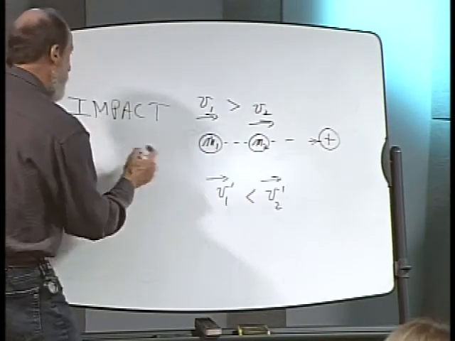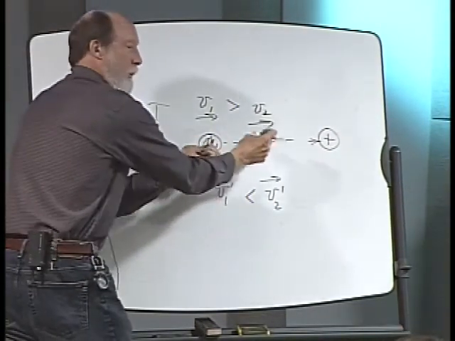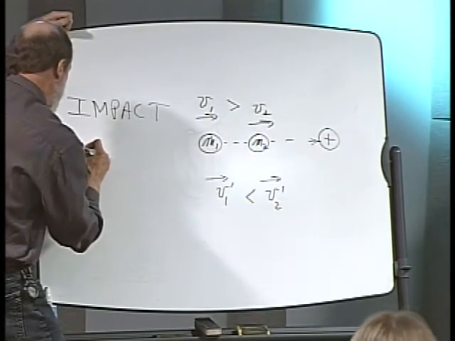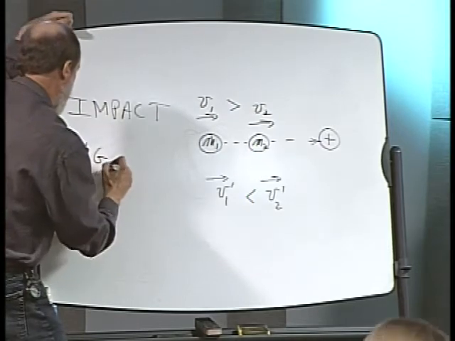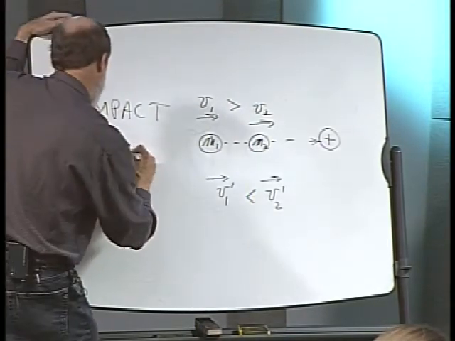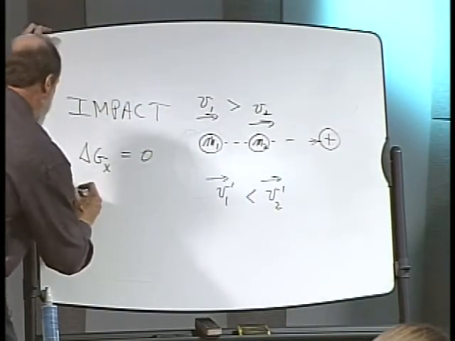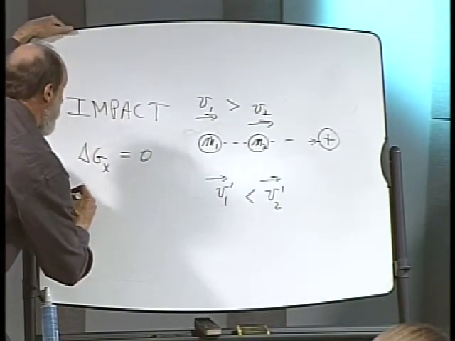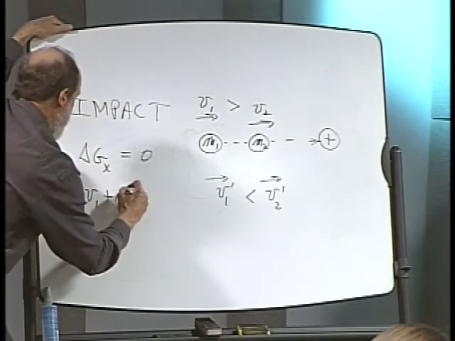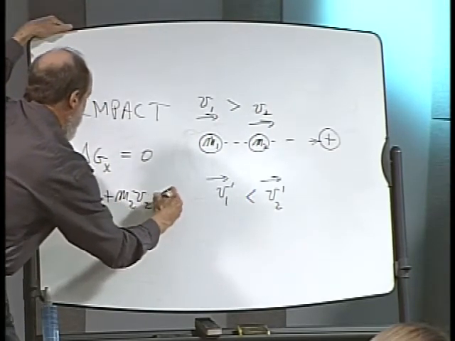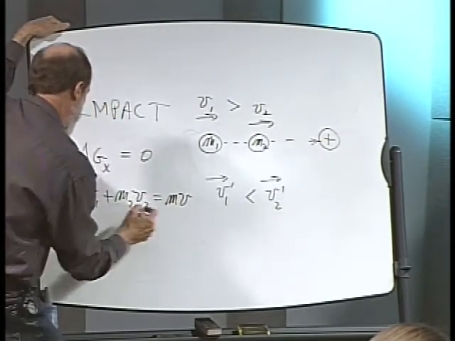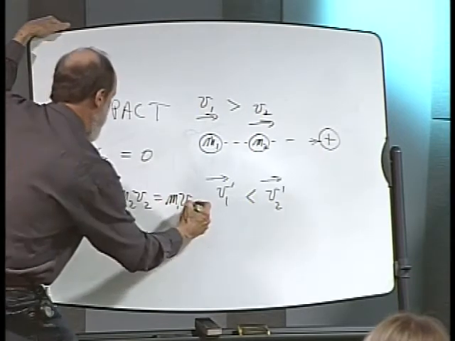Since there's no net impulse in the system, we have conservation of linear momentum in the x direction. The equation we saw in the book is that before impact, the system is carrying this much momentum, and that's got to be equal to the momentum in the system after impact. Oh, and these are M1, M2 as well.